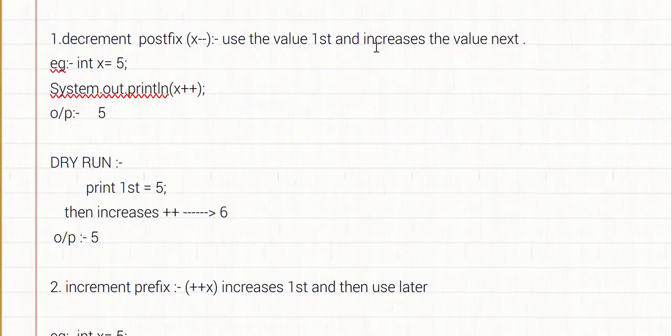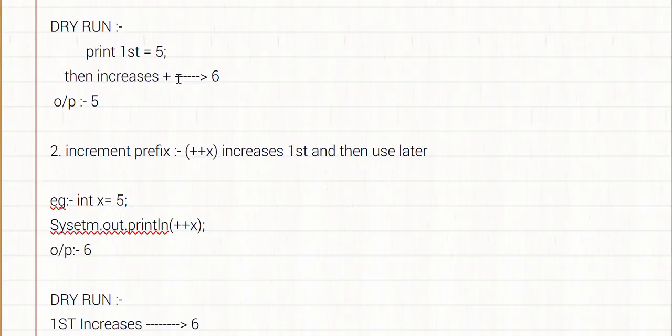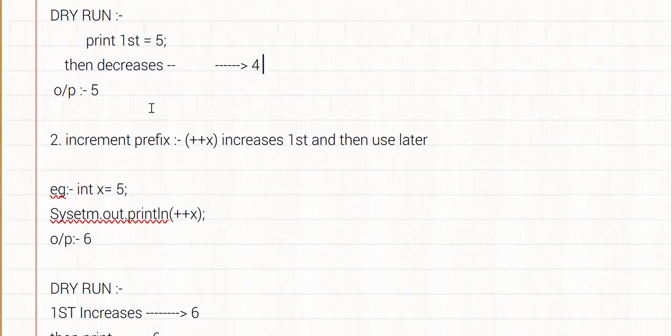It uses the value first and then decreases the value later. x equals 5, x minus minus, and then the output will be 5 because it takes the value first. First print 5, then it decreases to 4, but the value printed will be 5.